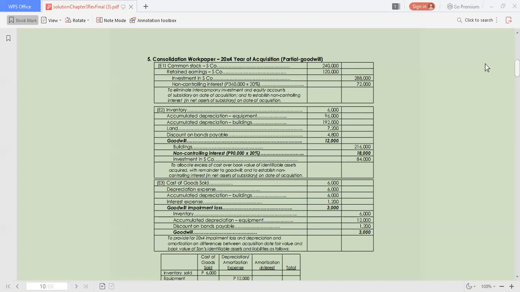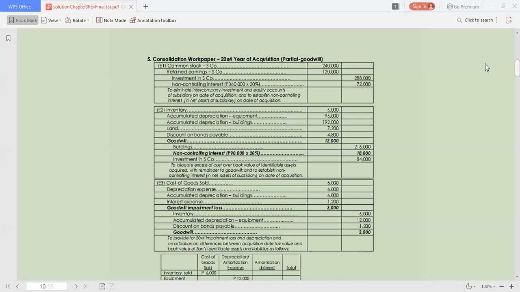4,800, and we credit buildings as computed above of 216,000, credit non-controlling interest. 90,000 is the amount of the undervaluation. We multiply it by 20%.